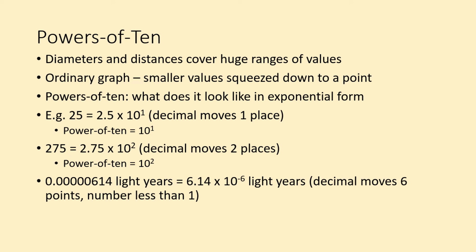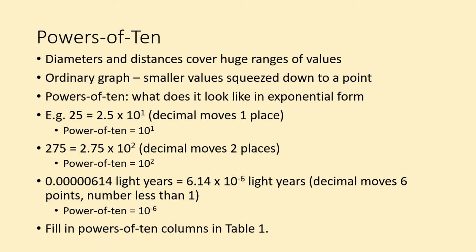In this case, the power of 10 is 10 to the minus 6. Go ahead and fill in the powers of 10 columns for all of the objects in Table 1. Some of the numbers in the table may already be written in exponential form. In those cases, you can go ahead and move the exponent over to the powers of 10 column.